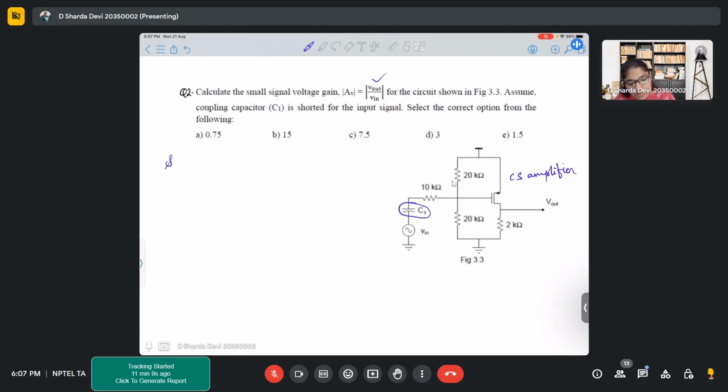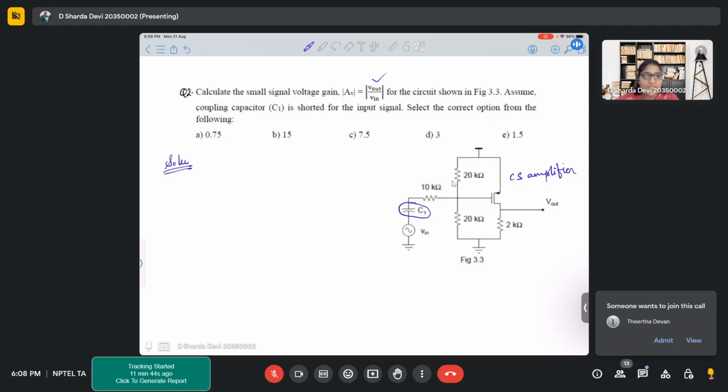So the first question that arises is, what is the condition for which capacitor C1 will be shorted? Is it shorted for all frequencies? By performing AC analysis, we simply put our capacitor to short, right? But is it true for all frequencies?